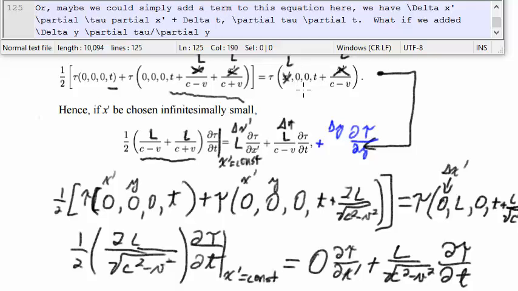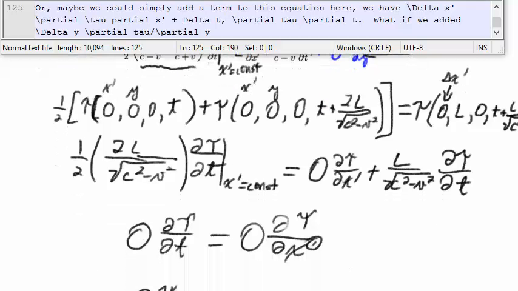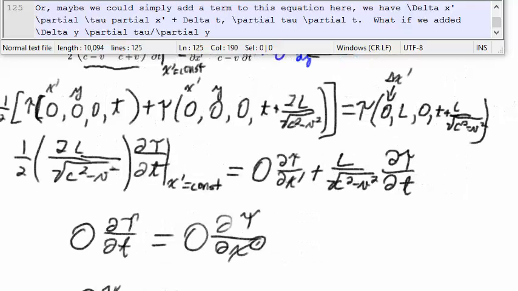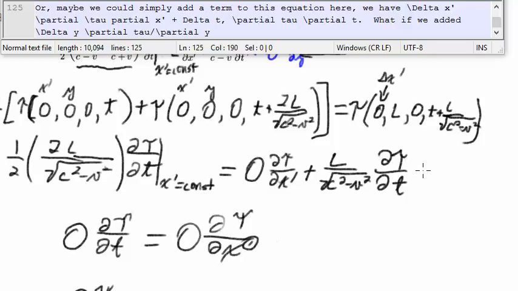In this case, delta y would have been 0. Down here, delta y is L, partial tau partial y, which gives us an extra term down here of L partial tau partial y.